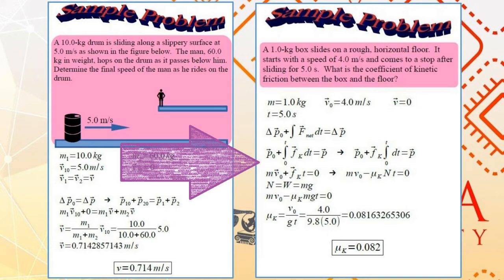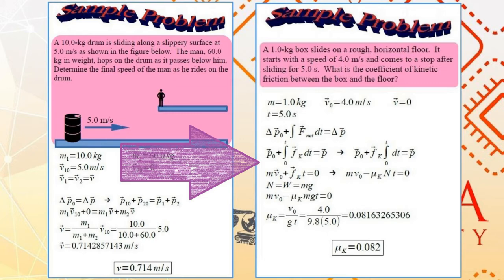So clearly something has caused the velocity to change. Something has caused the momentum to change. And in this particular problem, it is due to kinetic friction that the momentum has changed. So there is an existence of an external force causing a change in the momentum of the system. So for the conservation of momentum equation, we use the following.